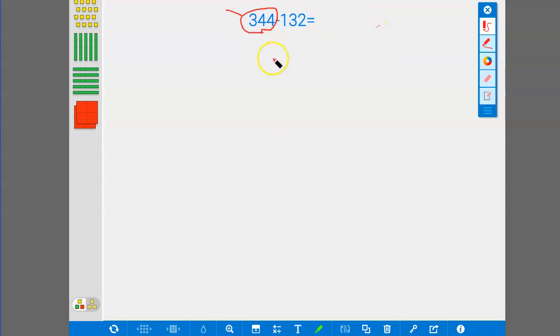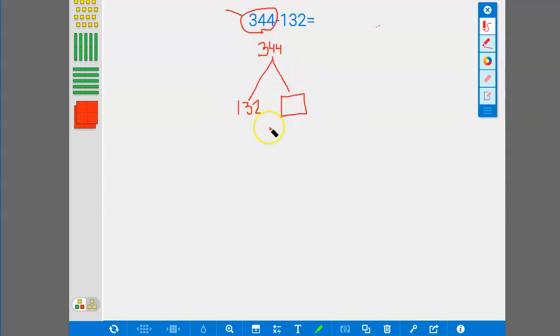If I were to put this on a math mountain, it would look like this. I would have 344 on the top, and 132 is one of my add-ins. And we're trying to find the other add-in.